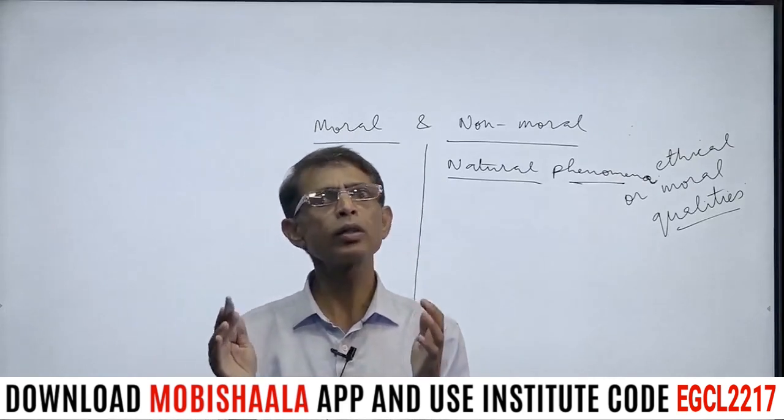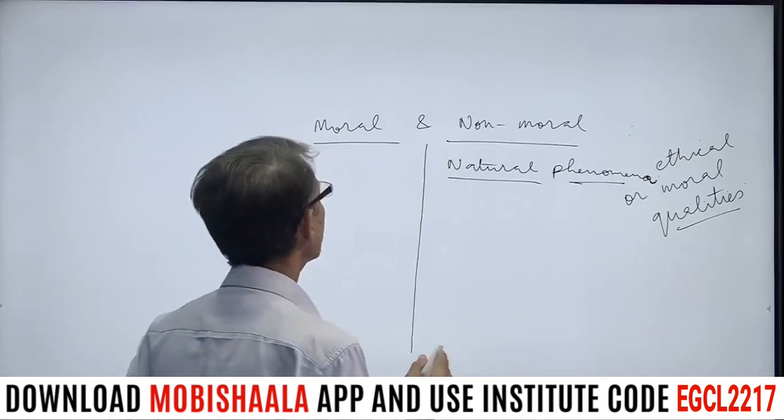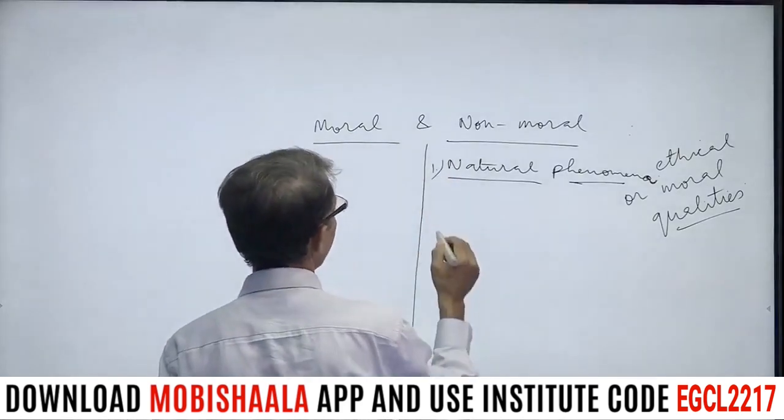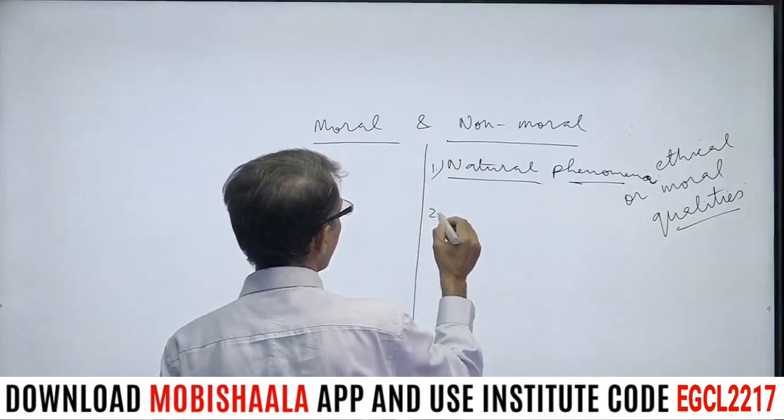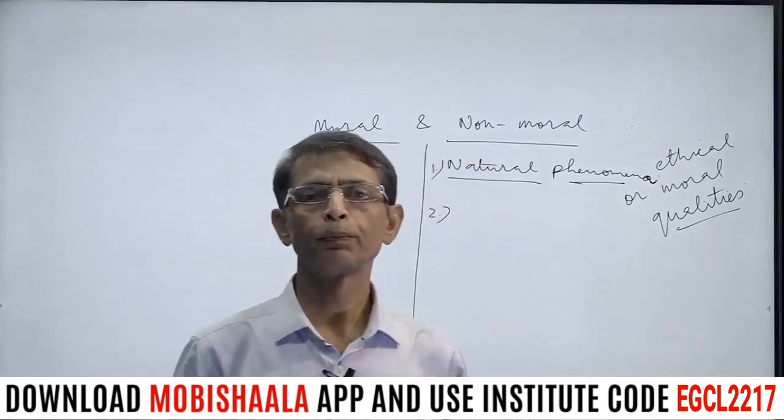That will be discussed later with Kant. Right now, the very first thing is that natural phenomena are beyond the pale of morality.